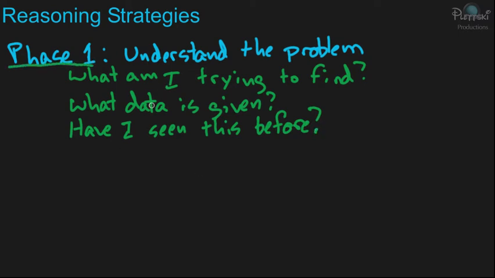In any given problem, you want to know what am I trying to find, and what information do I have available? Not all the information that's given may apply to solving the problem. Sometimes you'll get problems that provide extra information that may be designed to throw you off, or it may just be extra information you don't need. And then, have you seen it before, and what did you do when you saw it before?